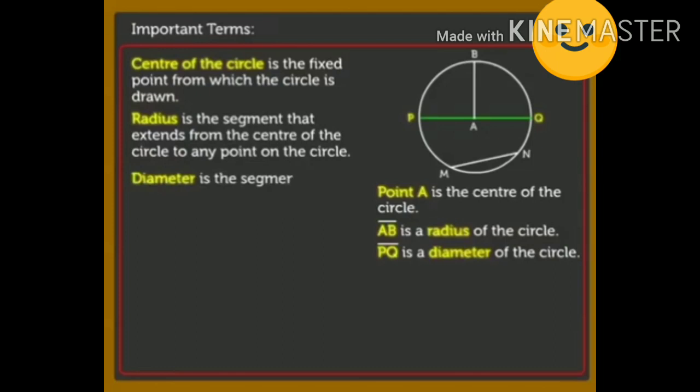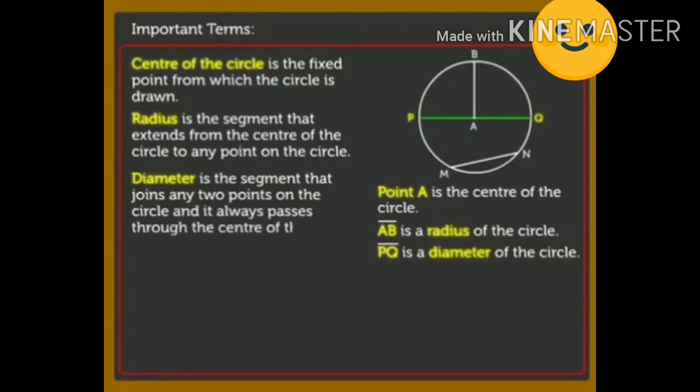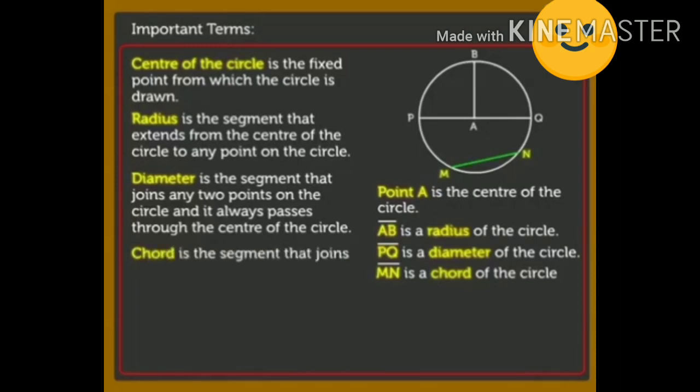Diameter is the segment that joins any two points on the circle, and it always passes through the center of the circle. Line segment MN is a chord of the circle. Chord is the segment that joins any two points on the circle. The diameter is the longest chord.